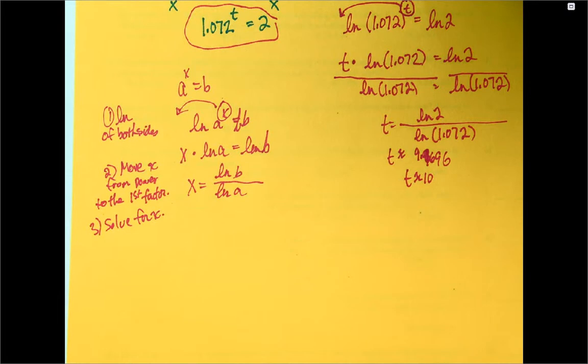If you're solving for populations, then you're going to have a time of some kind in there already. But if you're solving for the time that something takes to grow or decay, you're going to want to use a natural log to get at that x value, or the t value, which is your time value. So keep that in mind.